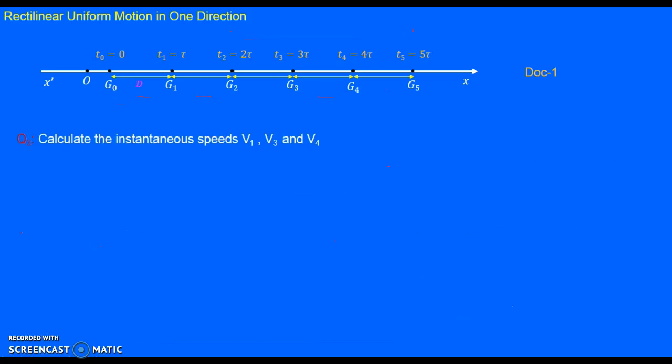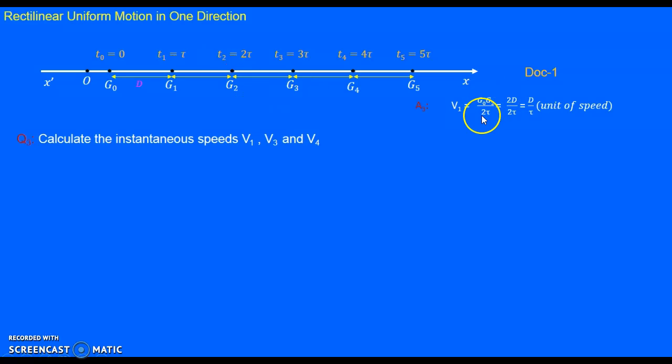Calculate the instantaneous speeds v1, v3, v4, even though we did not mention instantaneous speed and we only said speeds v1, because the index here constitutes only one number, this means at one instant. So at instant t1, at instant t3, and at instant t4. For v1, we have to take before and after.